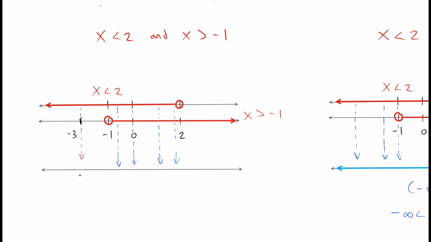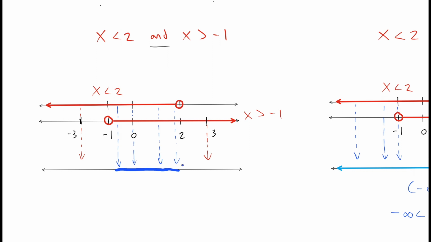So -3 doesn't meet both criteria. It's an "and", so it would not be kept. Similarly, 3 cannot be kept, because even though it meets the criteria of being greater than -1, it is not less than 2, so it can't be kept.